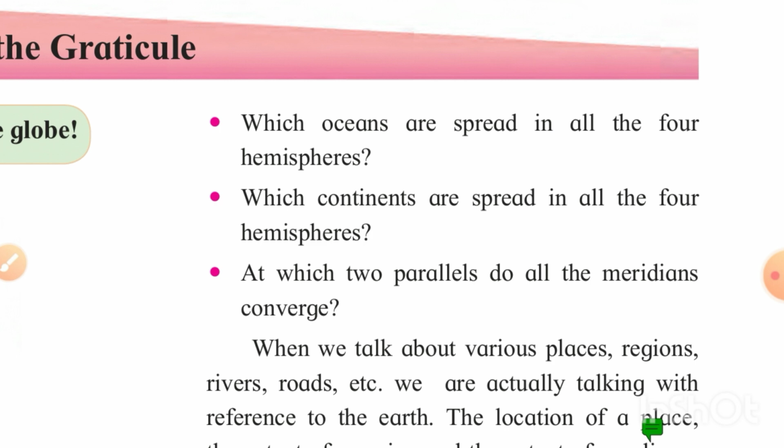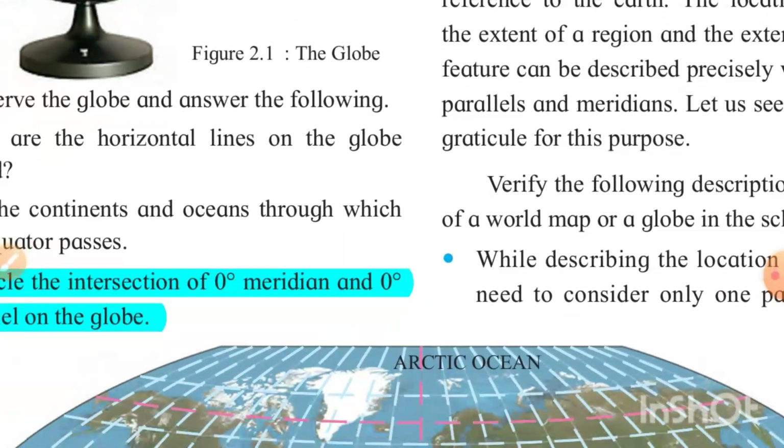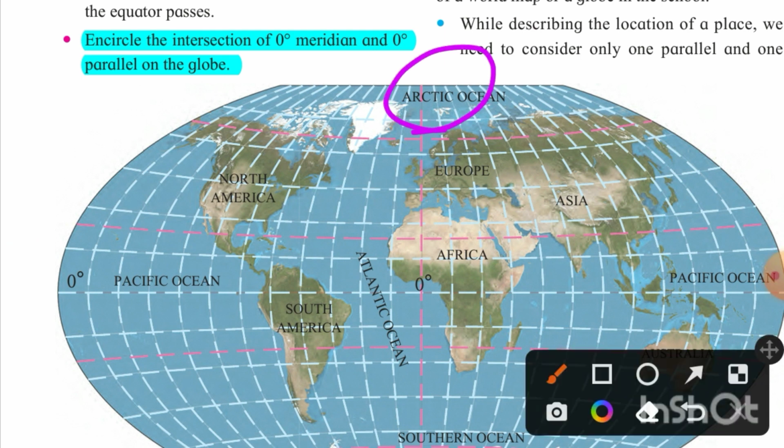Okay, and at which two points do all the meridians converge? That is the North Pole and South Pole. Because if you see in other pictures, you will see that this is how meridians will look.